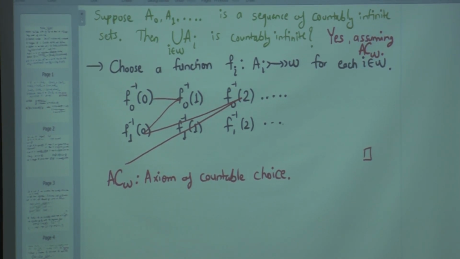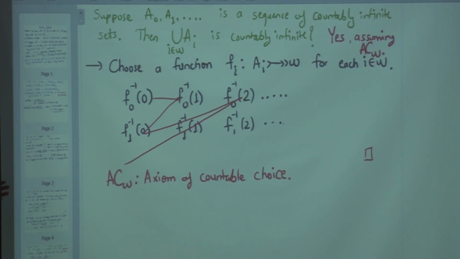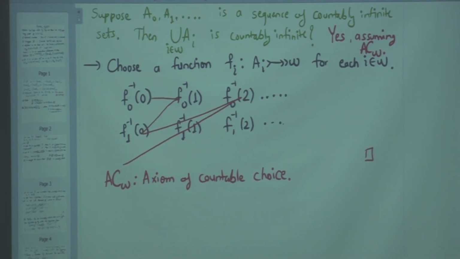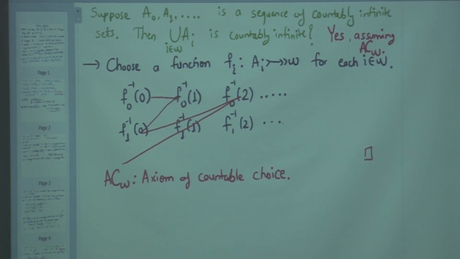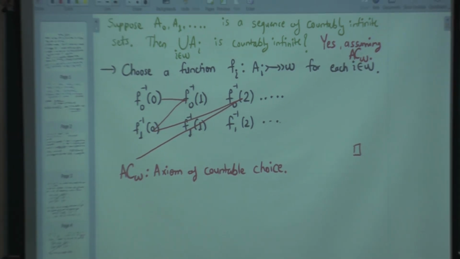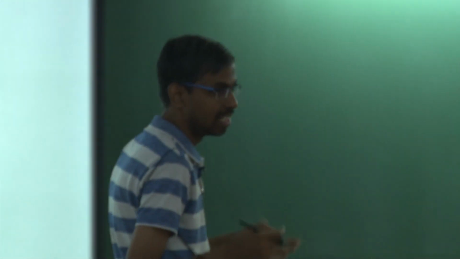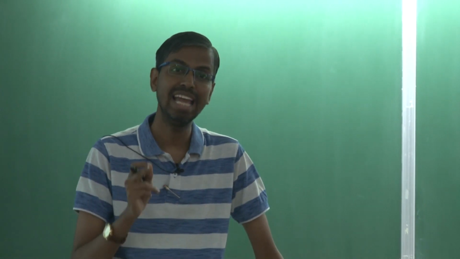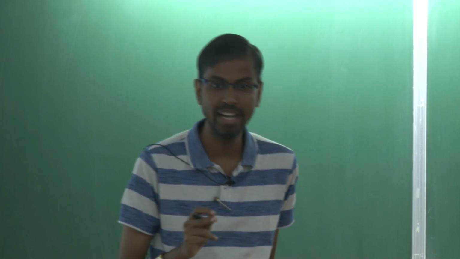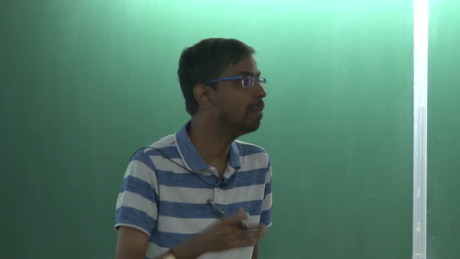It seems quite obvious, yeah? This argument always works, but it involves something which is very strong. And its strength is not the problem. The problem with the axiom of choice is that it is a statement which can neither be proven nor be disproven.